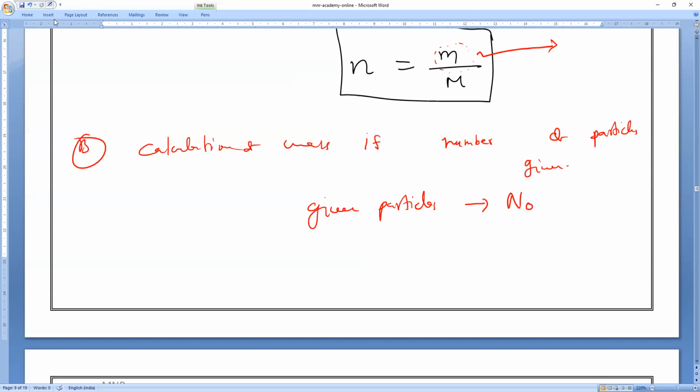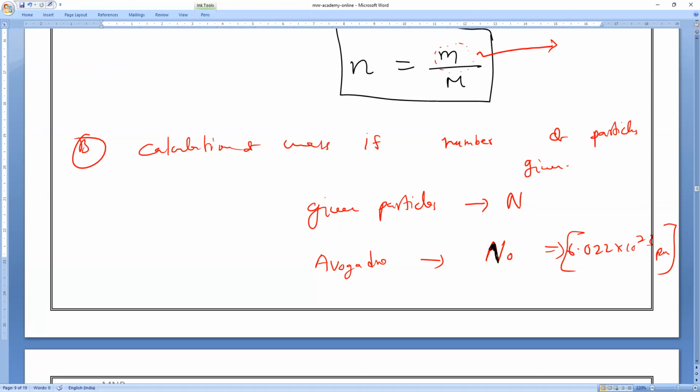So given particles, you take it as N. And our Avogadro number, we all know that. What is the Avogadro number? N naught, which is equal to 6.022 into 10 power 23 particles. That is what you have to remember. Okay, everybody? Understood?